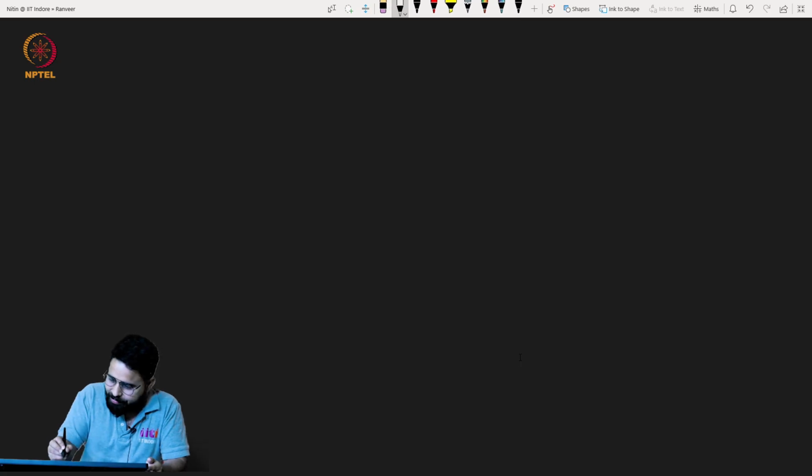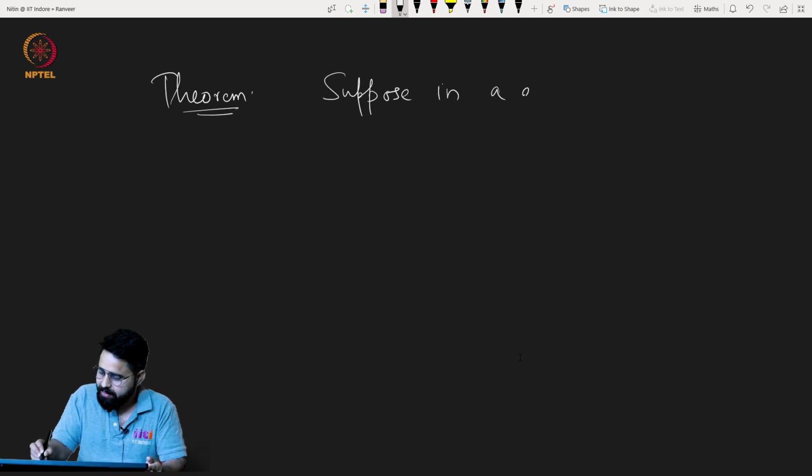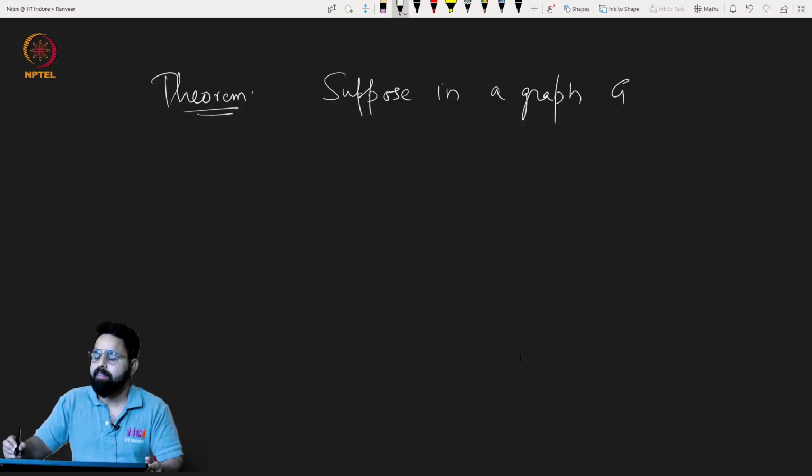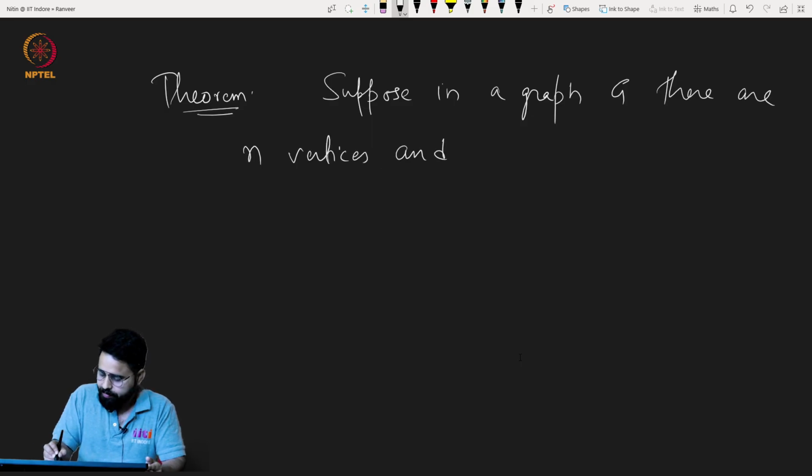It says that suppose in a graph G there are n vertices and m edges.